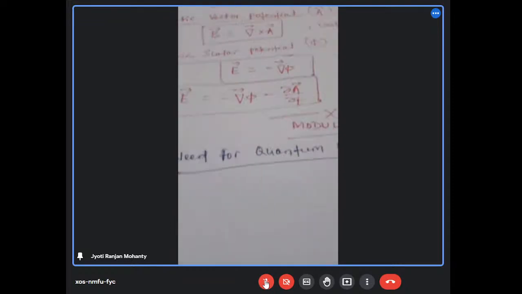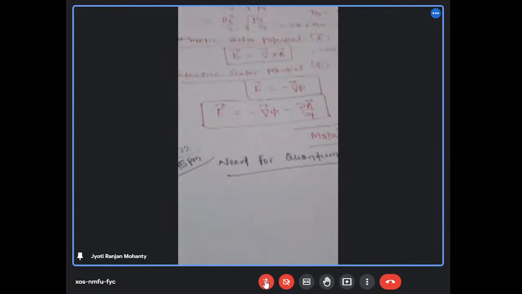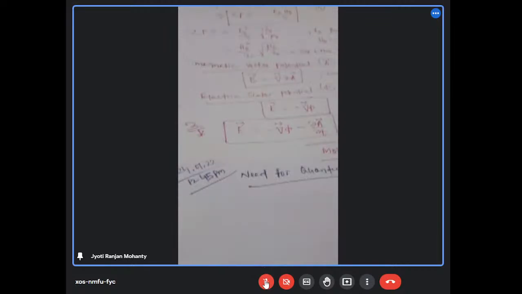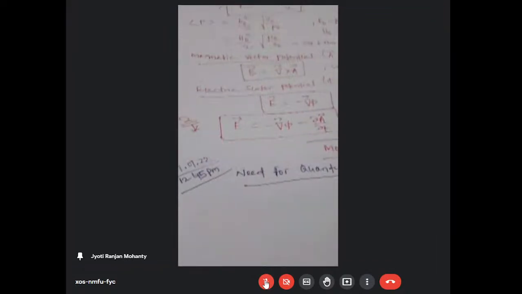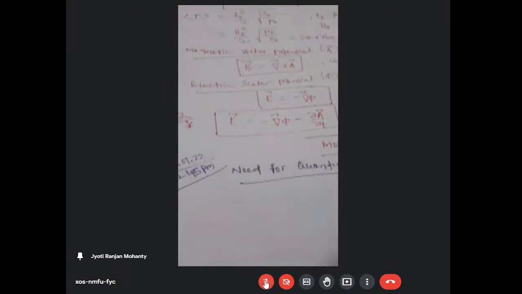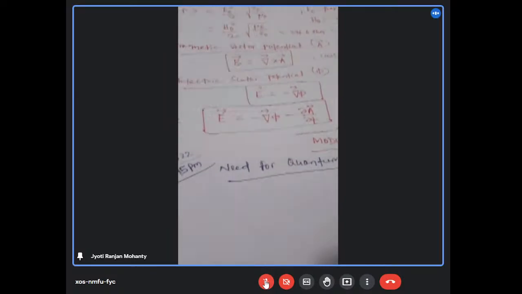So why is quantum physics required? All of you listen very carefully. Okay, am I audible? As I said, physics is of two types. One is classical physics and the second is modern physics.